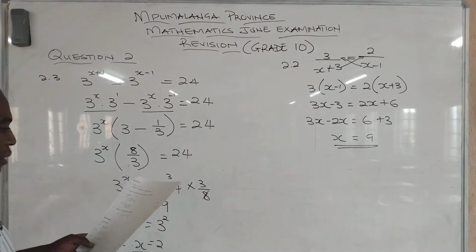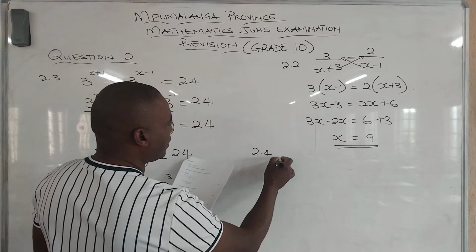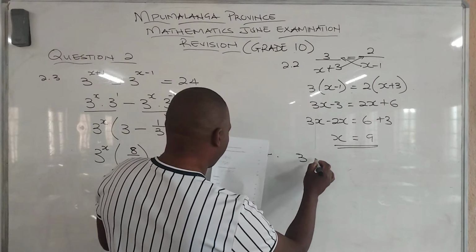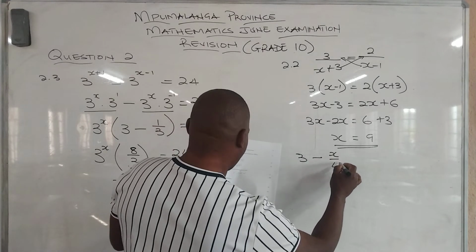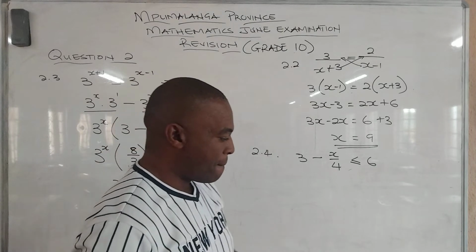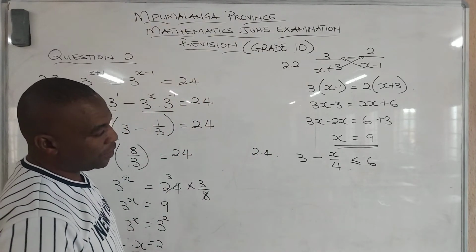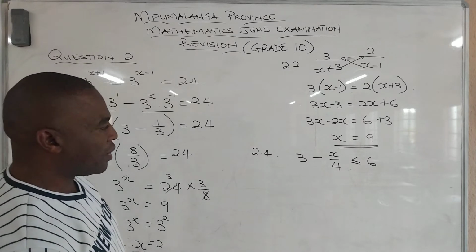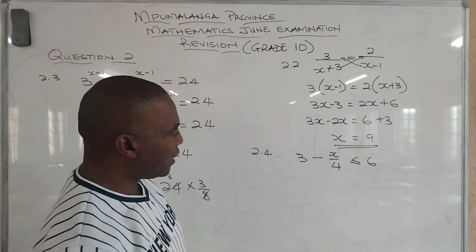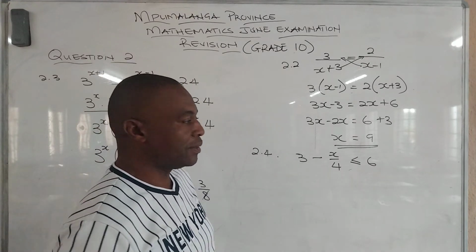The last question is 2.4, which is an inequality. 3 minus x over 4 is less or equal to 6. So for this one, we do have fractions, and I know working with fractions is a bit hectic, so it's always good to get rid of fractions.